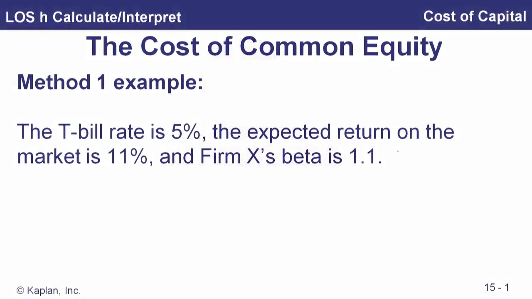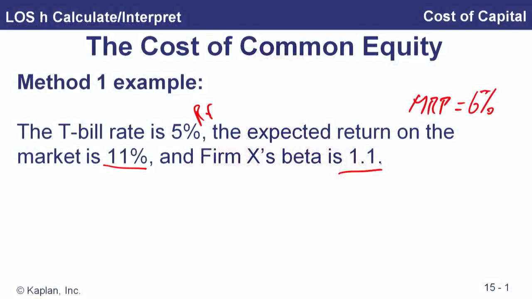So let's put some numbers to this and make it at least useful to us now, although I say we'll learn more about it in another section of the curriculum. So in our example here, we've got a Treasury bill rate of 5%. We're going to take that to be our risk-free rate. Our expected return on the market is 11%. So our market risk premium is just the difference there, 6% for each unit of beta risk, because beta is scaled into units of market risk.